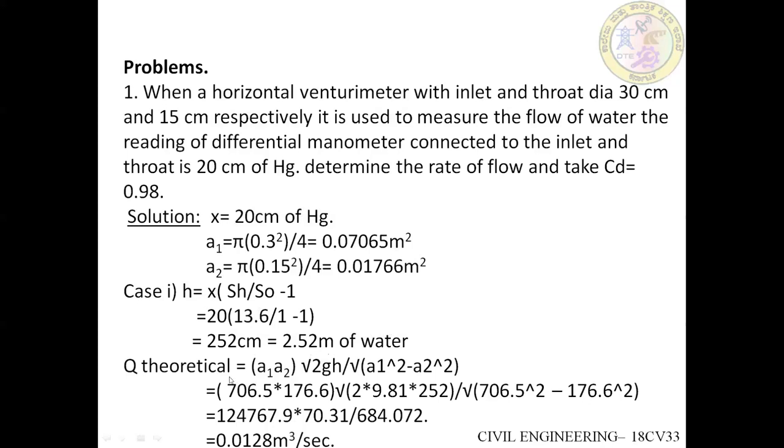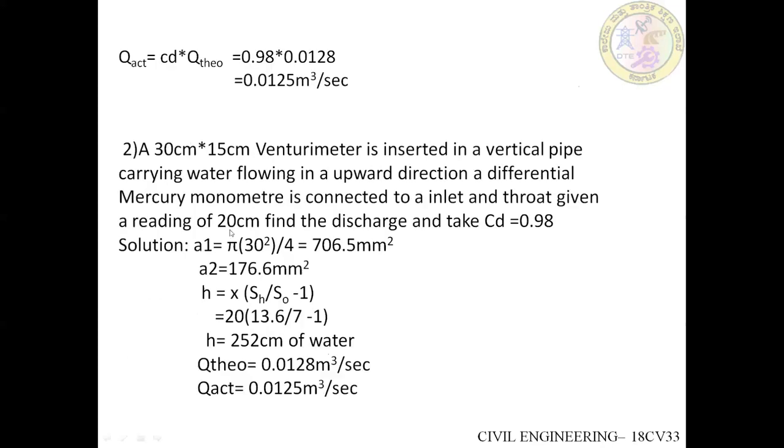So when you calculate Q theoretical, it comes around 0.0128 meter cube per second. Once you calculate Q theoretical, next you have to calculate Q actual, which is to be determined in this problem. Q actual is equal to 0.0125 meter cube per second.